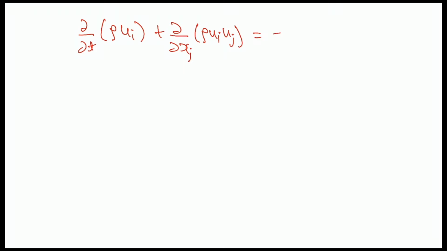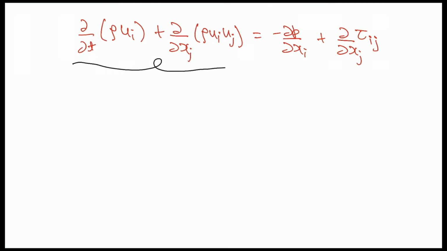Let me begin this lecture by writing out the Cauchy momentum equation for liquids. So in this Cauchy momentum equation, we can identify the different parts. The term on the left-hand side is sometimes referred to as the inertia forces, which is basically the acceleration term.